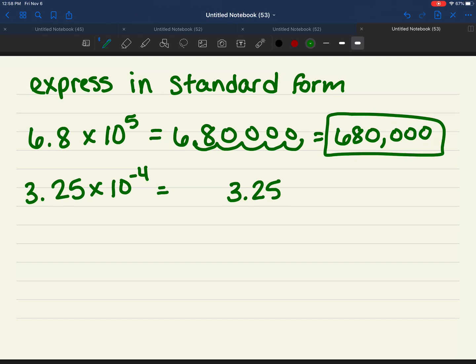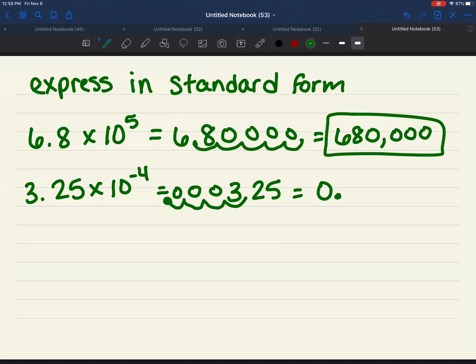So if my exponent's negative, would I move my decimal to the left or to the right? Left. The exponent tells you how many times. So 1, 2, 3, 4, and I add in zeros, okay? Now, this is where my decimal ends, right?